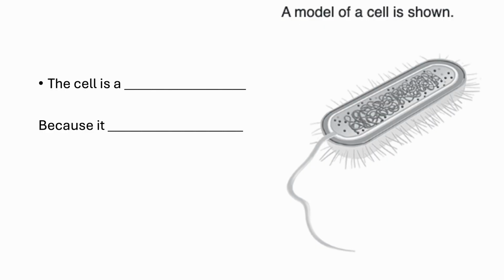Now, this cell right here is a prokaryotic cell. Notice no nucleus, DNA free floating. This is the reason, because it does not contain a nucleus. So again, no nucleus means that it is a prokaryotic cell.